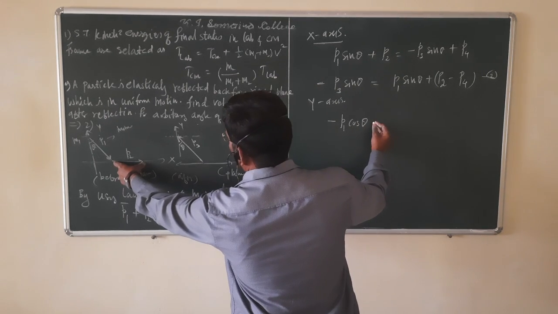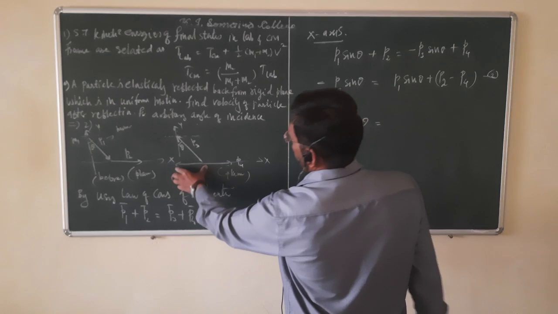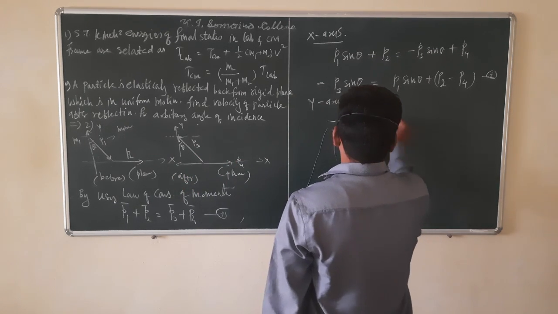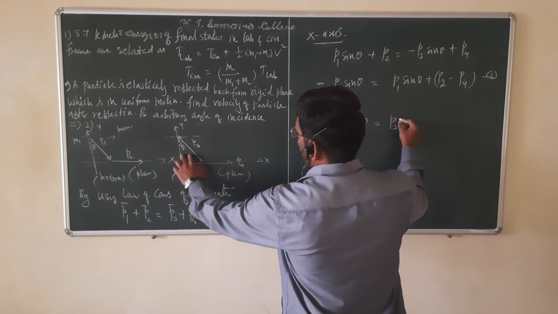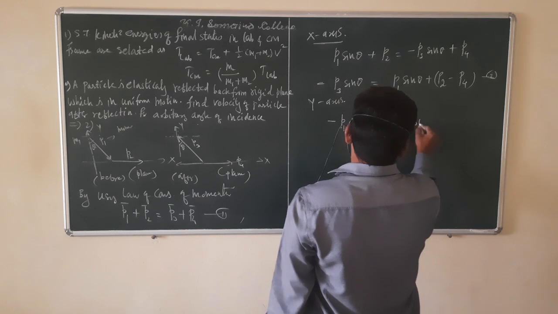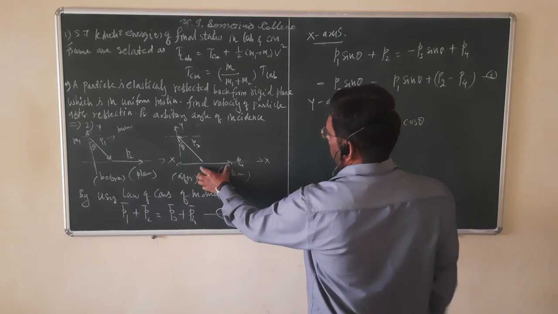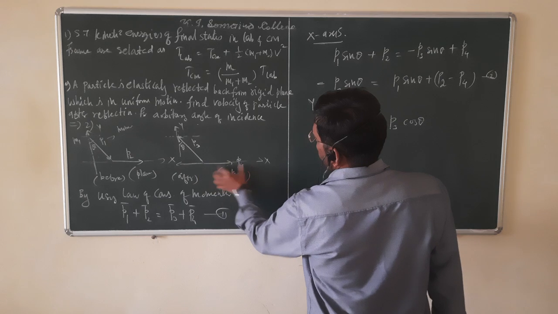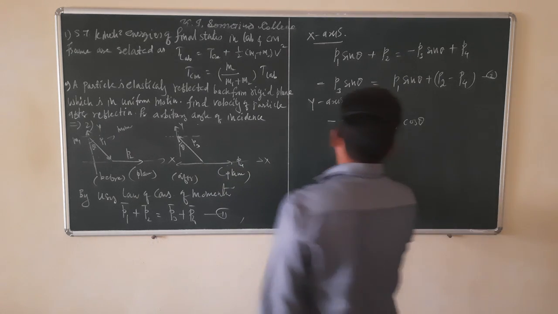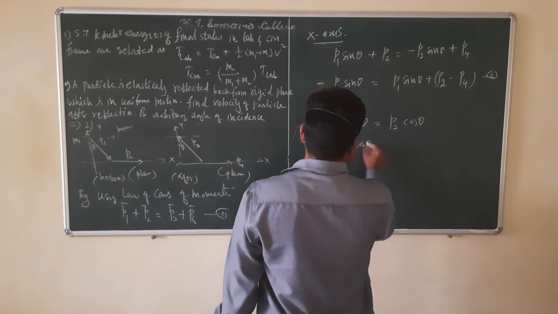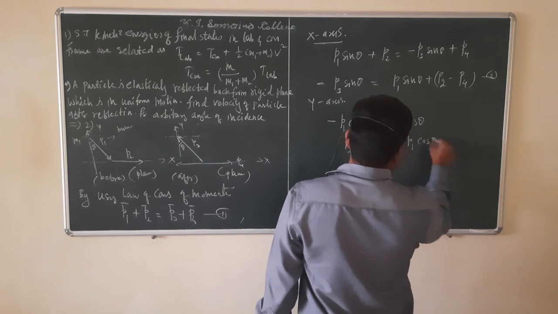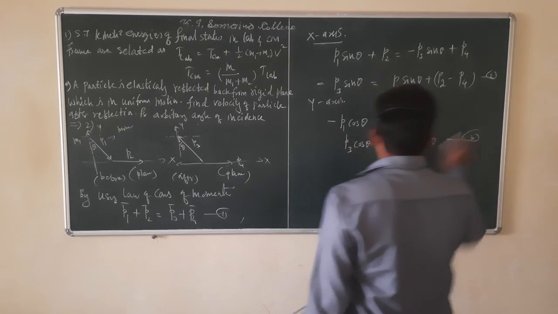The component of P2 along the y-axis before scattering is 0. After scattering, the y-component of P3 is P3, with cos theta instead of sine theta, plus the y component of P4, which is 0. So P3 cos theta is equal to minus P1 cos theta. Call this equation 3.